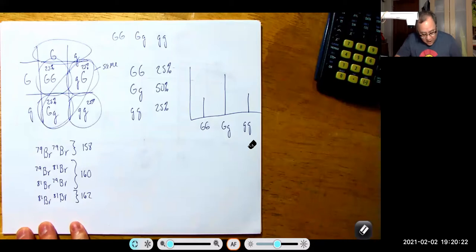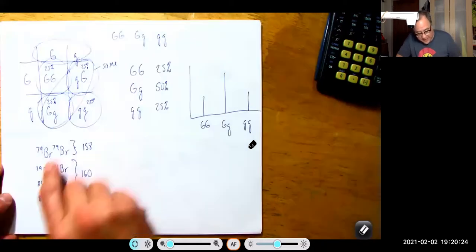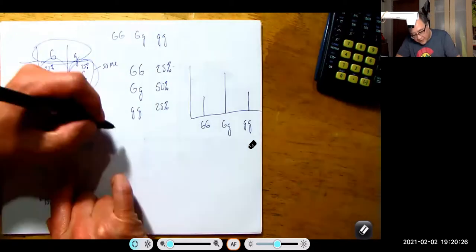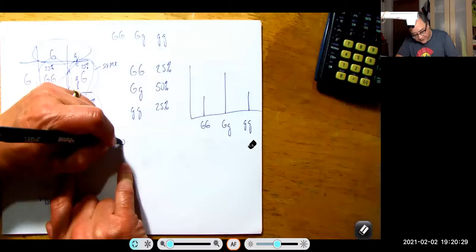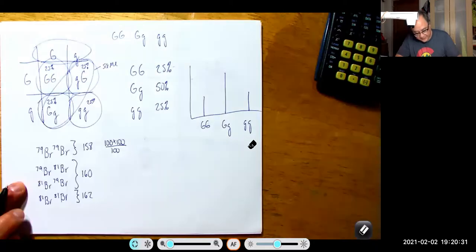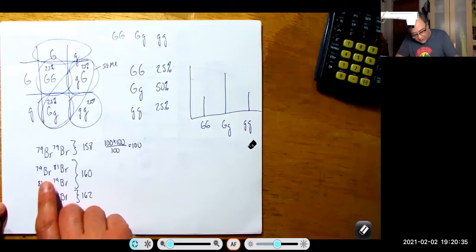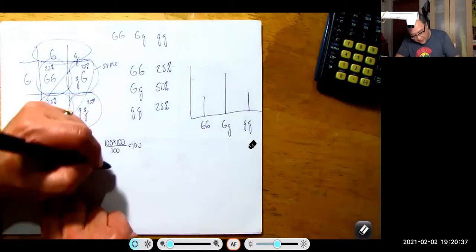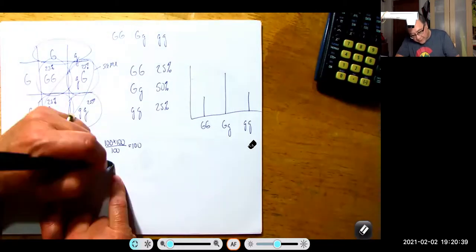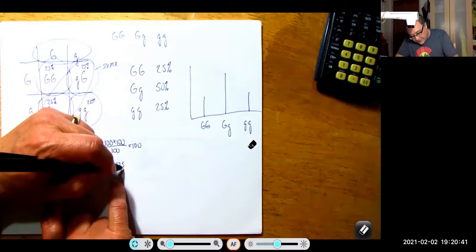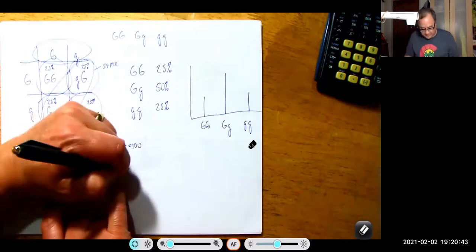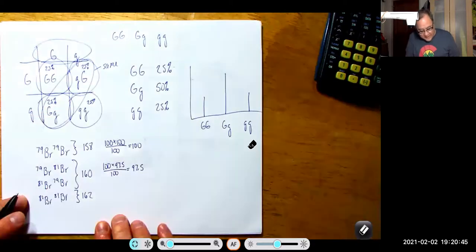So what are the odds of getting a 79, 79? Well, it's 100 times 100 divided by 100, because 79s are 100s. What are the odds of getting a 79, 81? Well, 79s are 100, 81s are 97.5, over 100 is 97.5. What are the odds of getting an 81, 79?